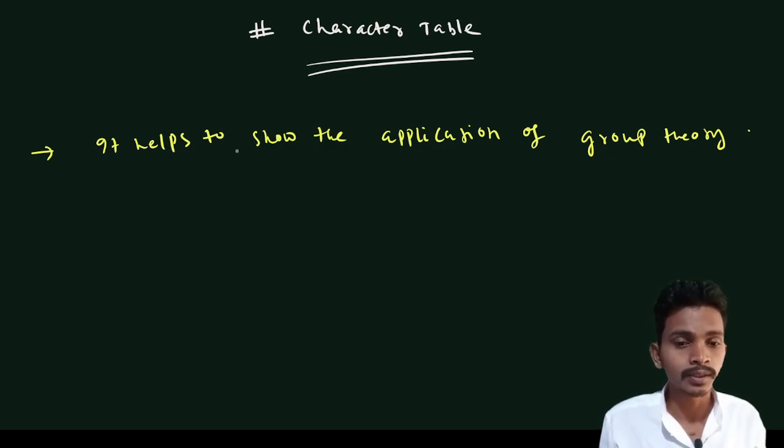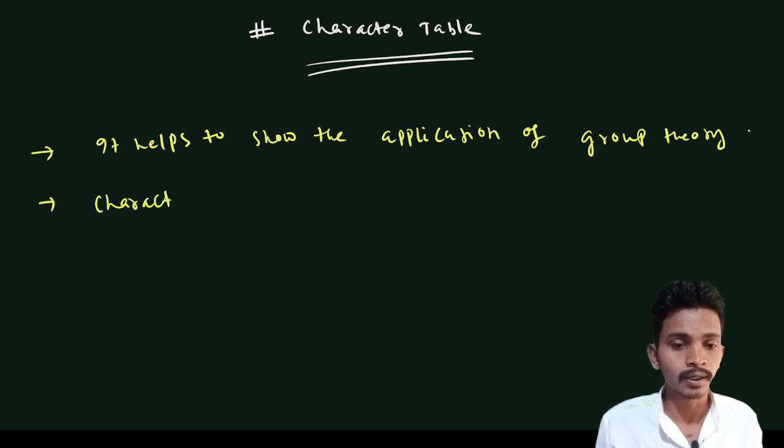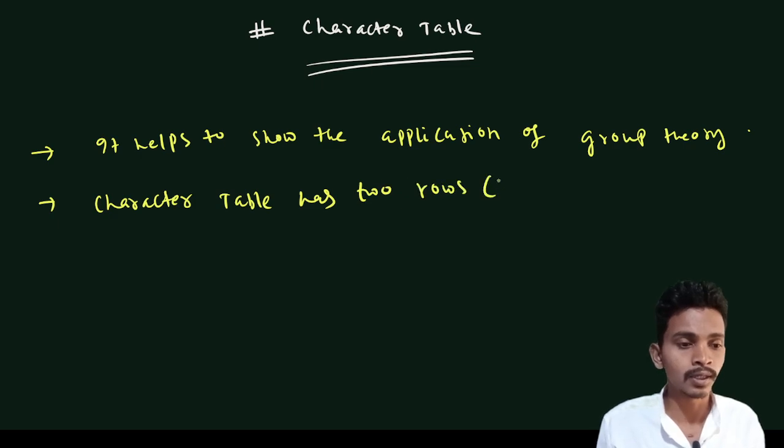Next, what does the character table contain? How does a character table look? The character table has two rows and four columns.